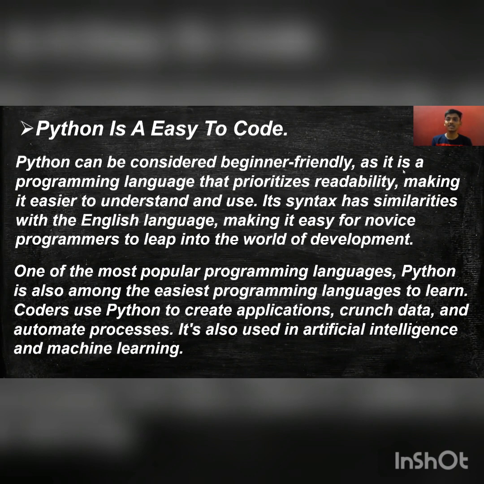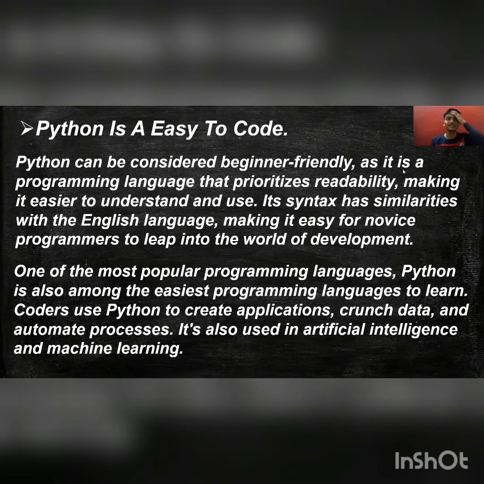For example, such as C and C++. They are too hard when we compare with the Python language because they don't have easy programs such as in Python. It is very easy to understand because the syntax of Python is like English.